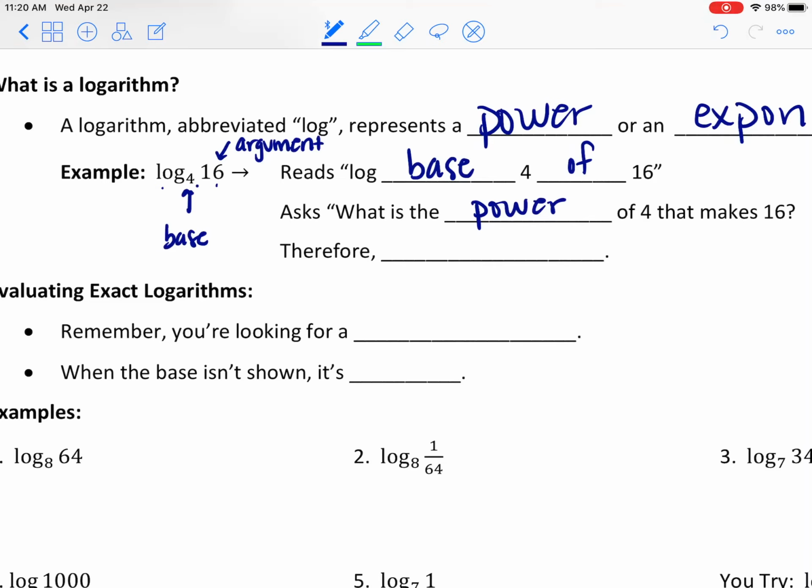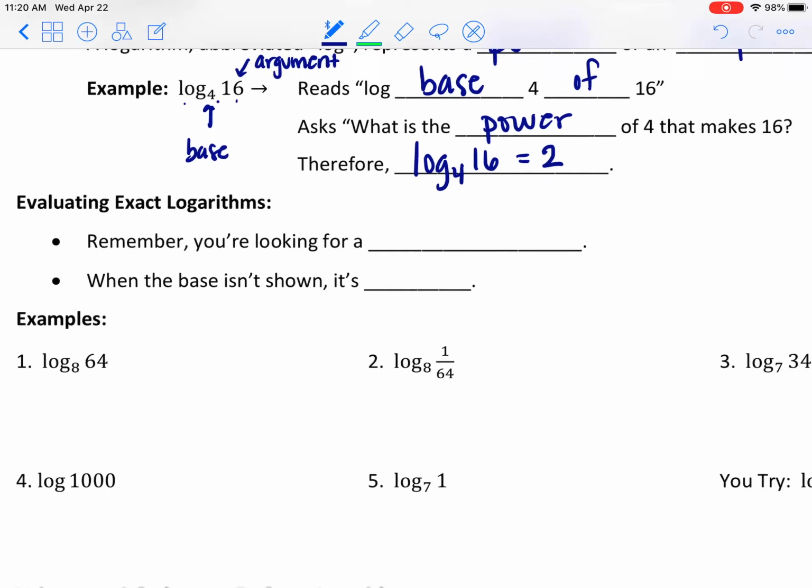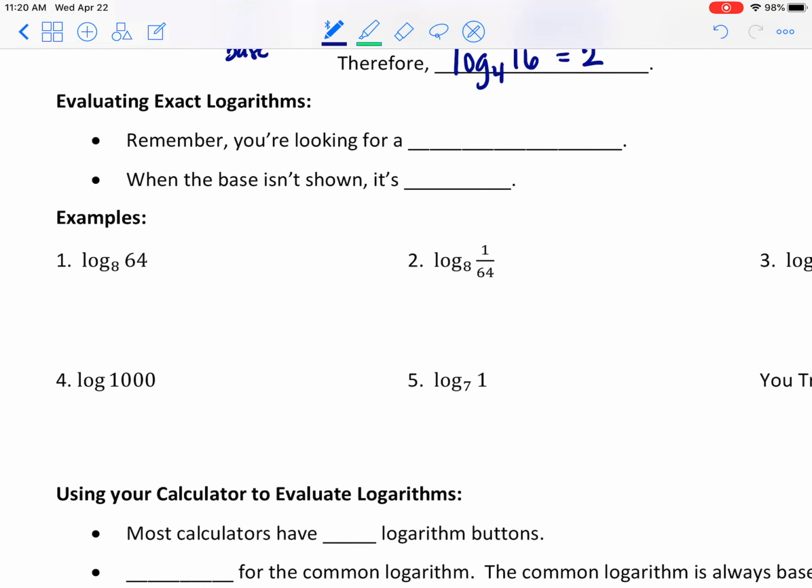So log base 4 of 16 is asking, what power of 4 makes 16? It's 2. That means the log base 4 of 16 is equal to 2, because 4 to the second power is what gets you 16.